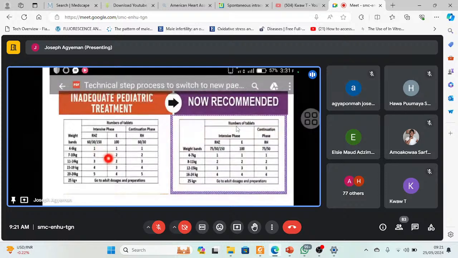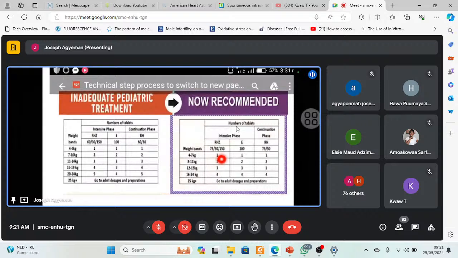But now it has been increased to 75 milligram rifampicin, 50 milligram isoniazid, and pyrazinamide, maintaining the old 150. And therefore, according to the child's weight, that goes with the number of tablets that they can take.